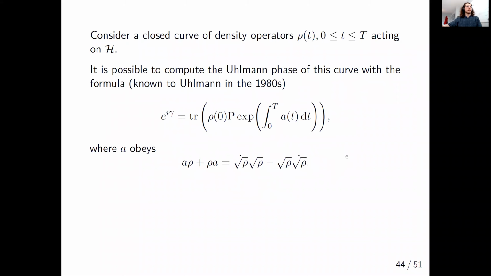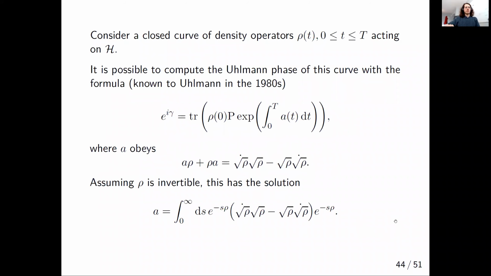And the dots over the square roots of rho denote differentiation with respect to t. So I'll assume that the density matrices are invertible just for simplicity. Then this equation for A has this integral solution. And this can be confirmed just by substituting it into the equation, and then you can just do the integral.